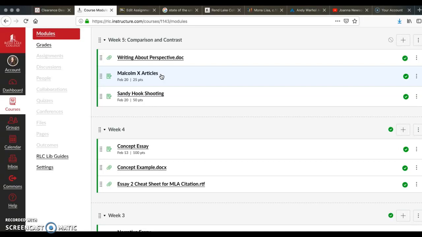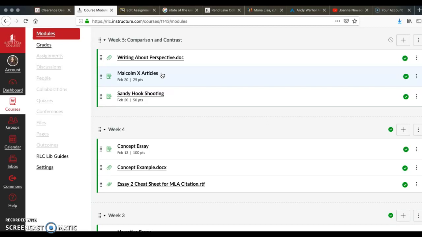The reason I don't want you to do that is because these articles discuss the assassination. And just like Warhol's coming one direction and Da Vinci's coming a different direction, you're going to see that the writers of these articles, even though they're writing about the exact same thing, which is the assassination of Malcolm X, are looking at it differently and coming from different perspectives.